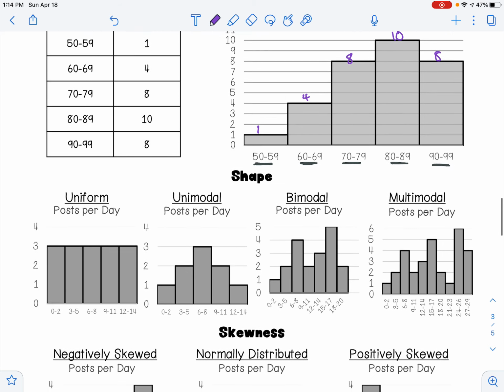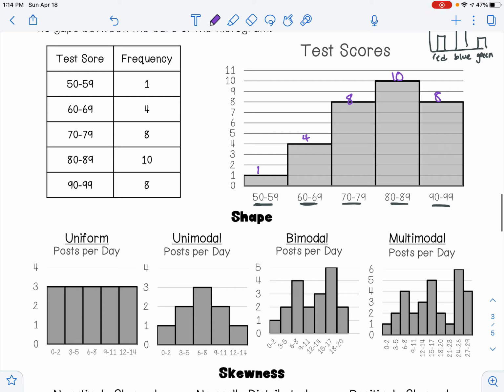Histograms can have different shapes. If all of the heights are the same, then we say that the histogram is uniform in shape. On this next one, we have 1 peak. So if there is 1 peak, we say that it is unimodal.